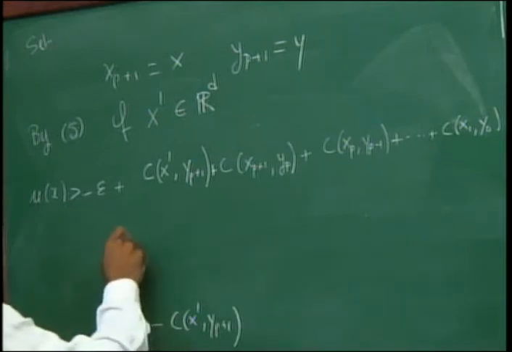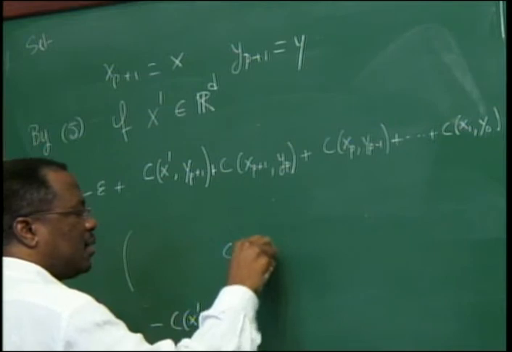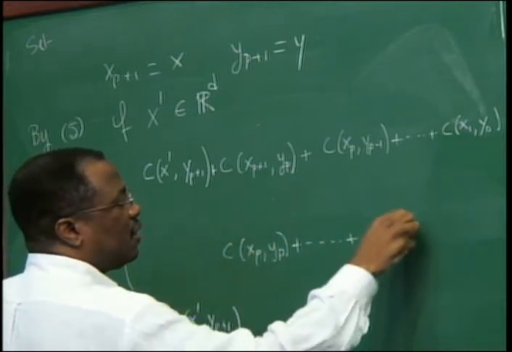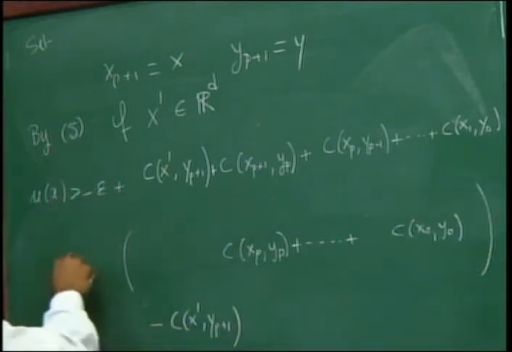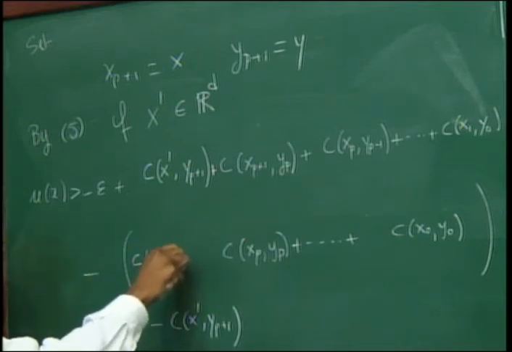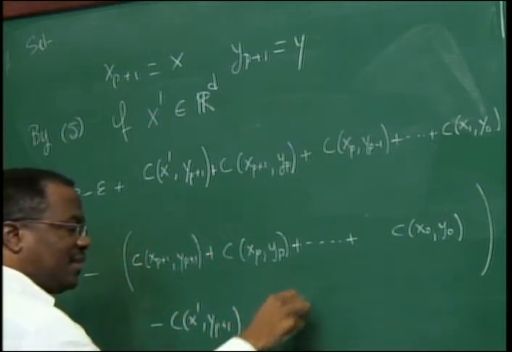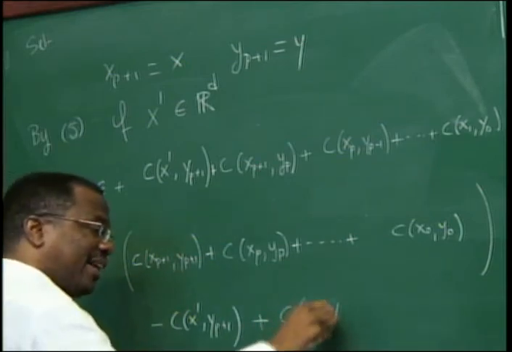Now, in my parenthesis is C of S_P, Y_P plus C of S naught, Y naught, with a negative sign. I am going to add C of S_{P+1}, Y_{P+1}. And since I subtracted that, I will have to add it, C of S_{P+1}, Y_{P+1}. But this is C of X, Y.